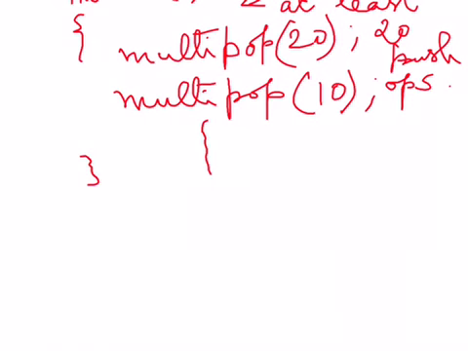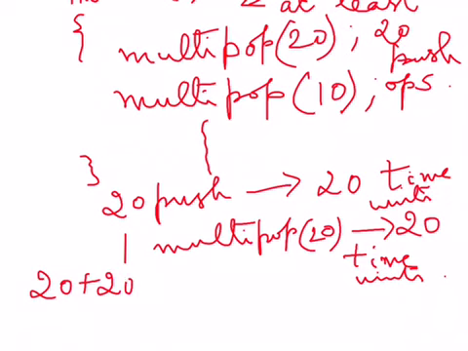So let us look at what is the total time we are spending: total time for 20 push operations plus one multipop operation. It's 20 plus 20, equal to 40. And how many operations am I executing?